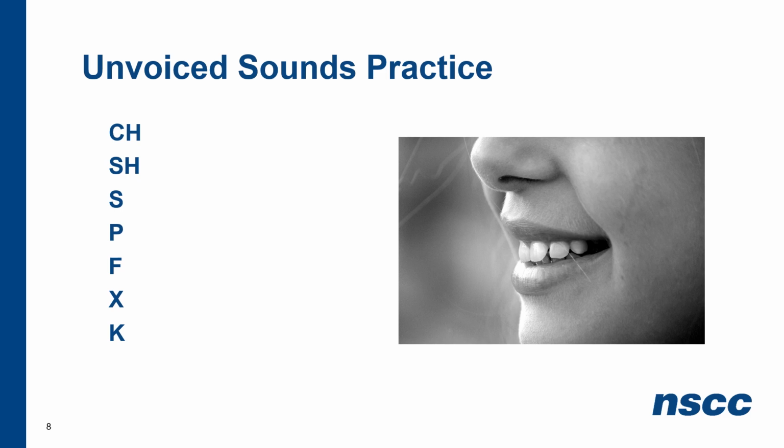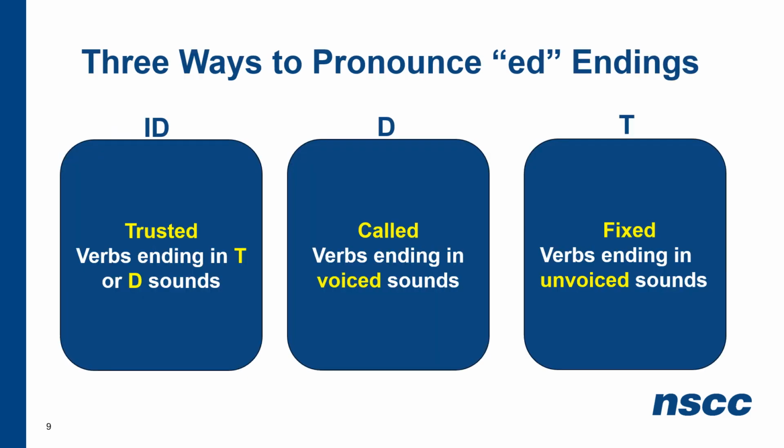If you place your hand on your throat, you will not feel any vibration. The letters SH make a sh sound. The letter P makes a P sound. The letter F makes an F sound. X makes an X sound. K makes a K sound.